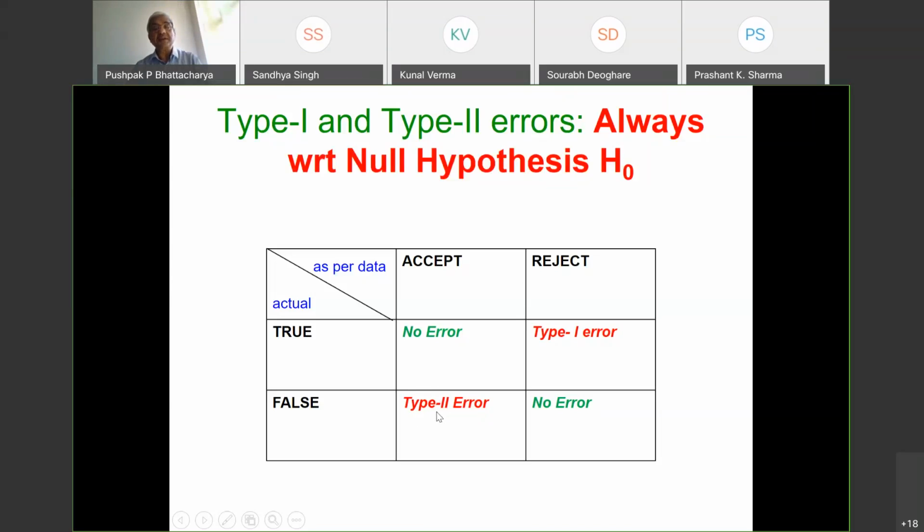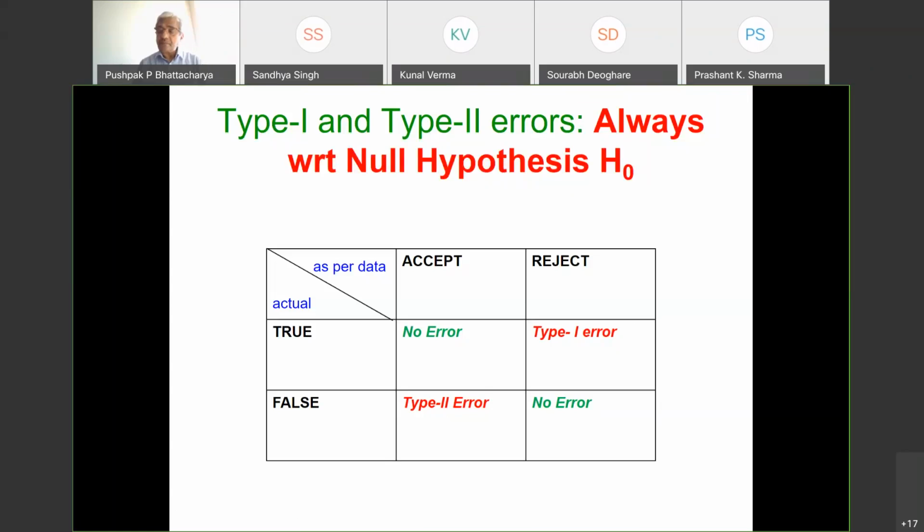That is known as the type 2 error. So type 1 error corresponds to the level of significance alpha, and type 2 error corresponds to a notation called beta. So type 1 is alpha, type 2 is beta. Alpha corresponds to the level of significance, and 1 minus alpha is the confidence interval.